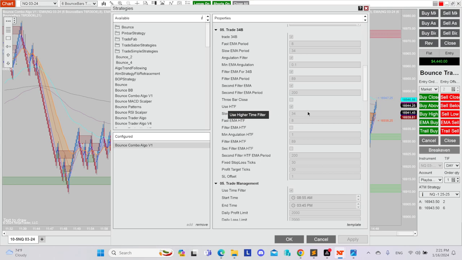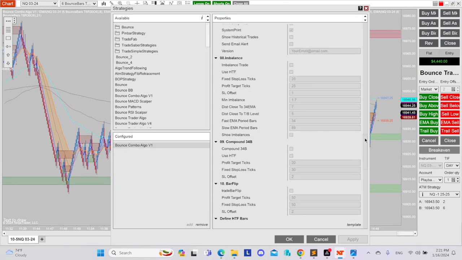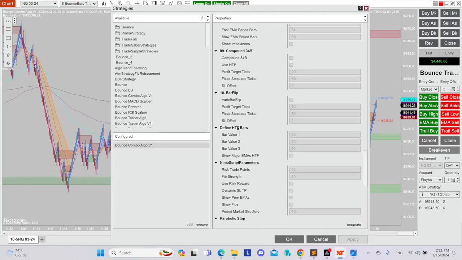So you would ask what higher time frame is that? You would scroll down here to define HTF bars. That would be the same type of bars, but it would be 10, 10, 50. Like right here we have 6, 6, 30, but those bars are 10, 10, 50.